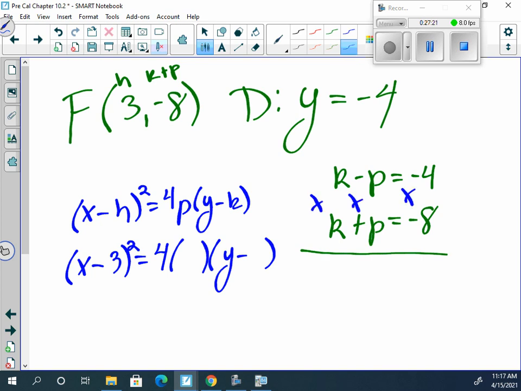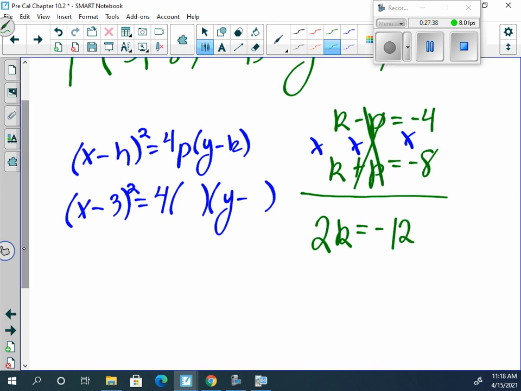and just like the one before, we can use systems of equations. So k plus k gives us, the p's will cancel, equals negative, divide both sides by 2, and we get k is equal to negative 6.